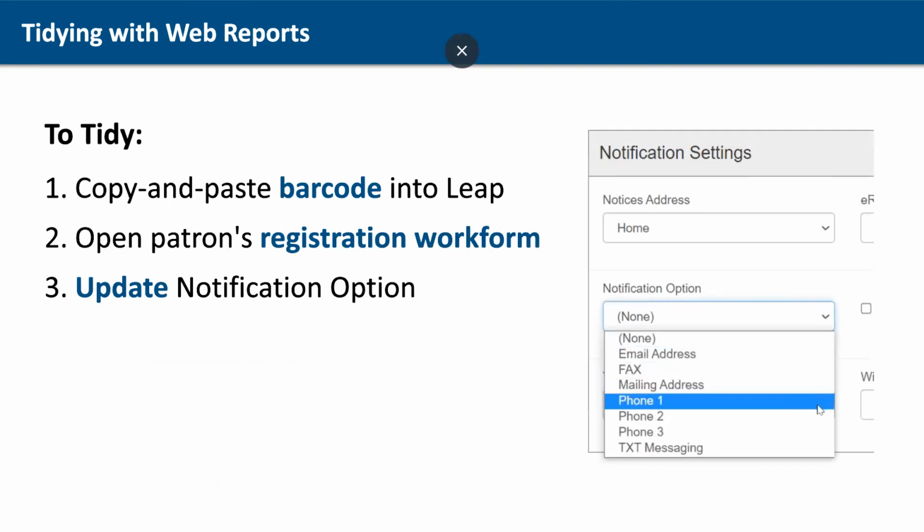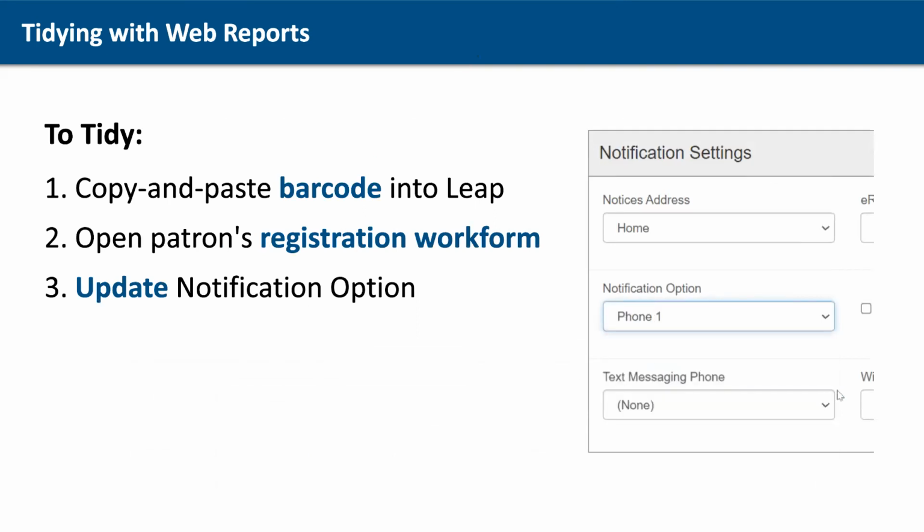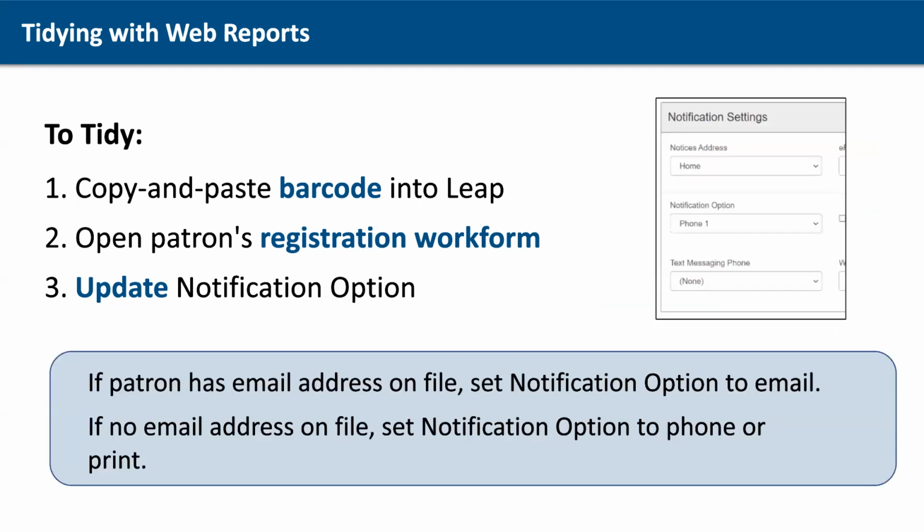To tidy the data, you can copy and paste the patron's library card number into Leap to locate the record. You'll open up their registration workform, and then you just need to modify their notification option. My recommendation is to check and see if the patron has an email address on file, because if so, you can change their notification option to email.